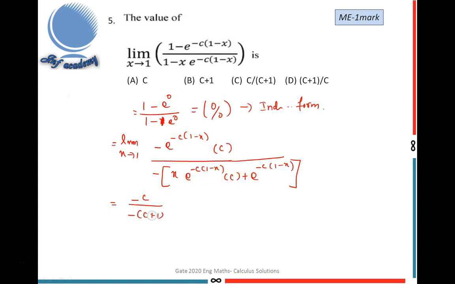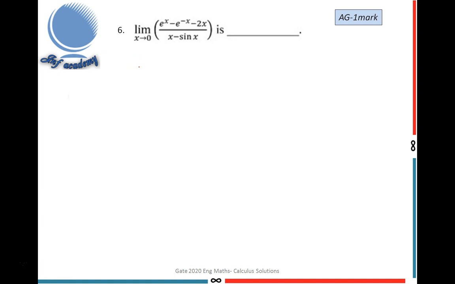Minus of c plus 1, minus minus cancel, c by c plus 1 is the final answer. C by c plus 1. So the final answer is option C. Answer is option C.